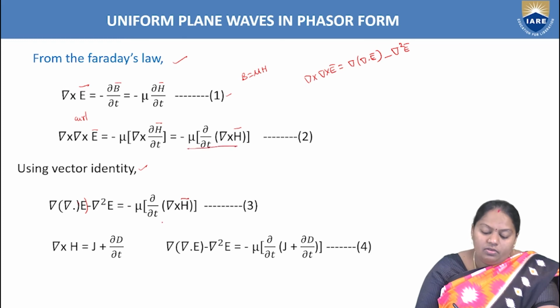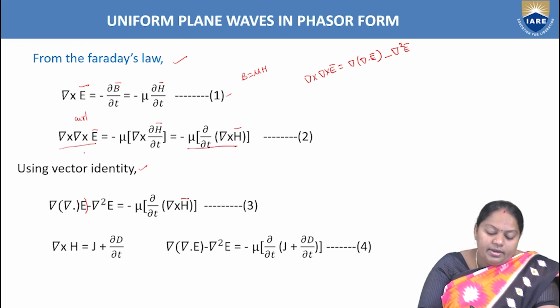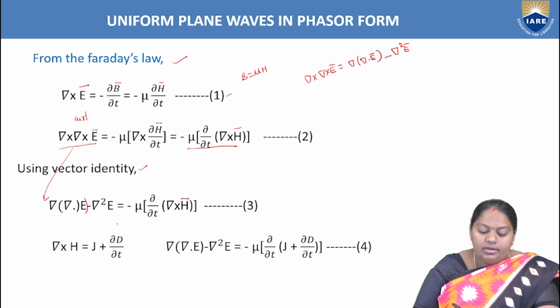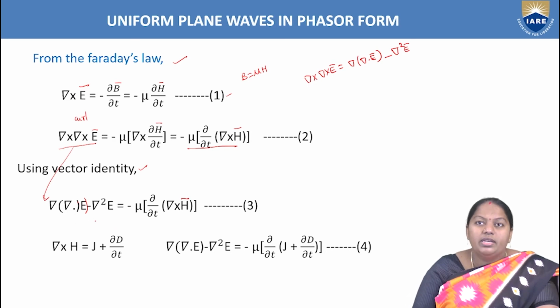So del of del dot E minus del square E is equal to minus mu into dou by dou T of del cross H bar.